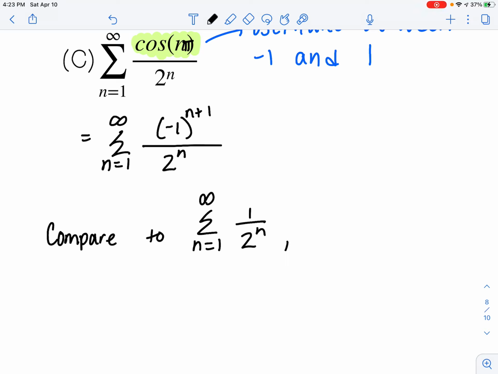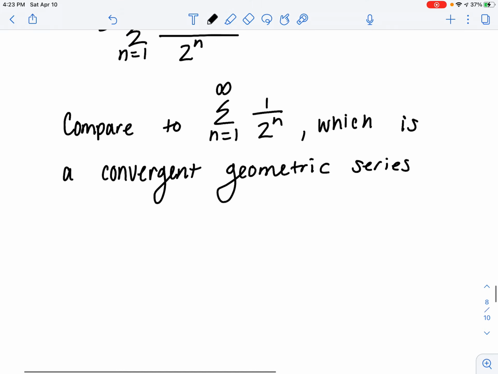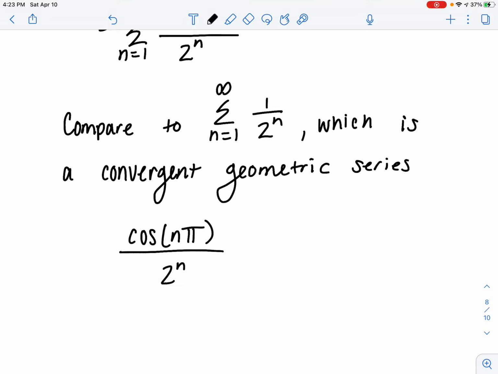And that's a convergent geometric series as well, because our ratio is 1/2, and 1/2 is less than 1, so we're all good. Now we need to show whether or not cosine of n pi over 2 to the n is always less than or equal to 1 over 2 to the n.